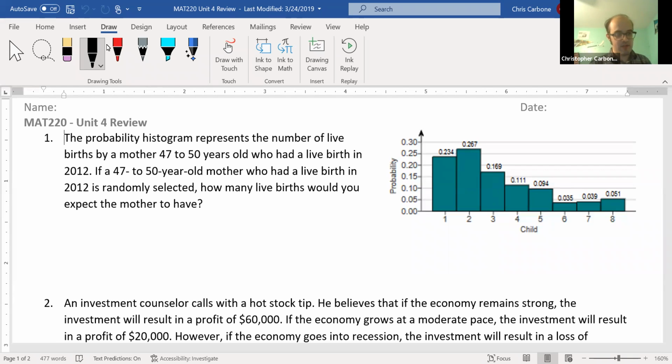So, for this expected value, we are taking the mean of our discrete random variable. That's where we take each value of the random variable times its associated probability.